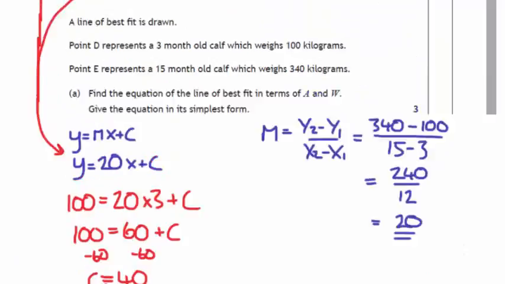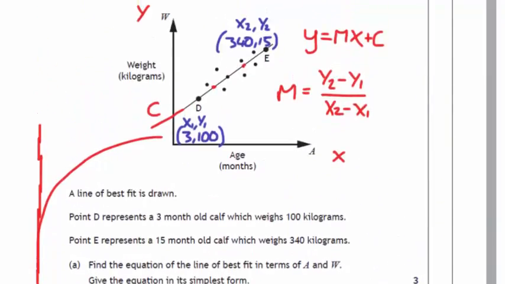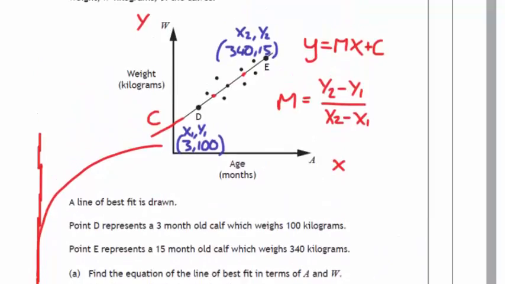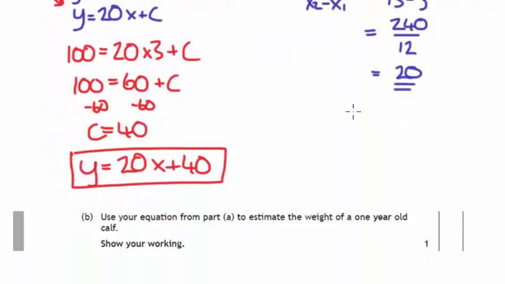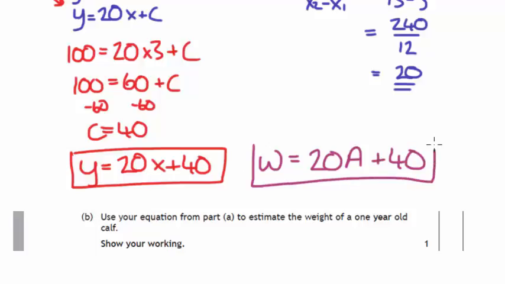Y represents the weight, which is W, and X represents the age, which is A. So W equals 20A plus 40. And that's your answer to that.